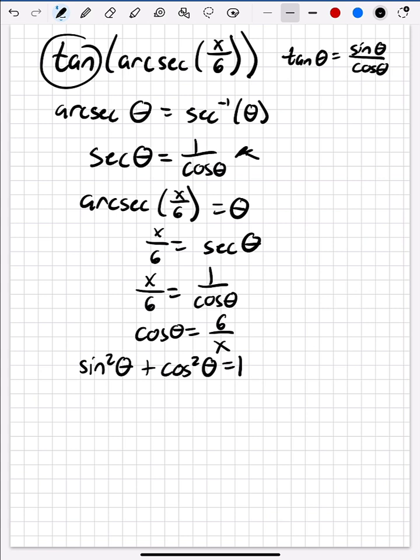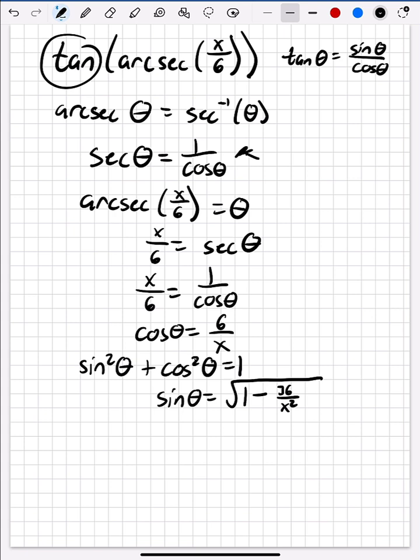So that is to say, if I do the algebra, so I move cosine over, take the square root, then I have that the sine of theta is equal to the square root of 1 minus cosine squared, so 6 over x squared is 36 over x squared.